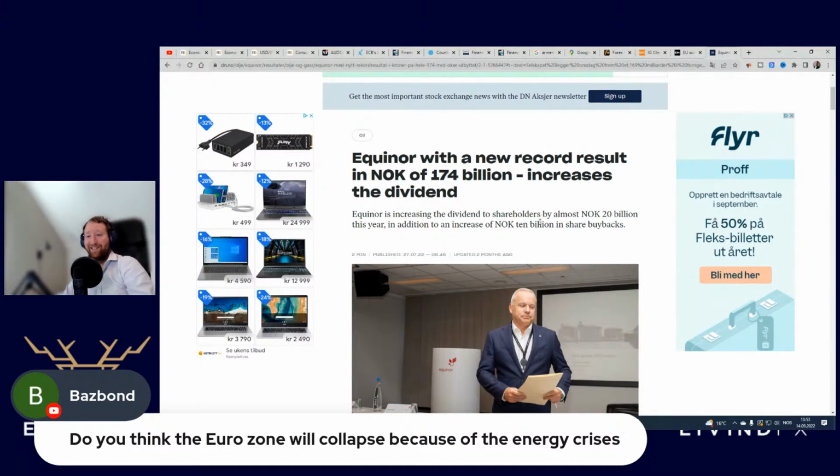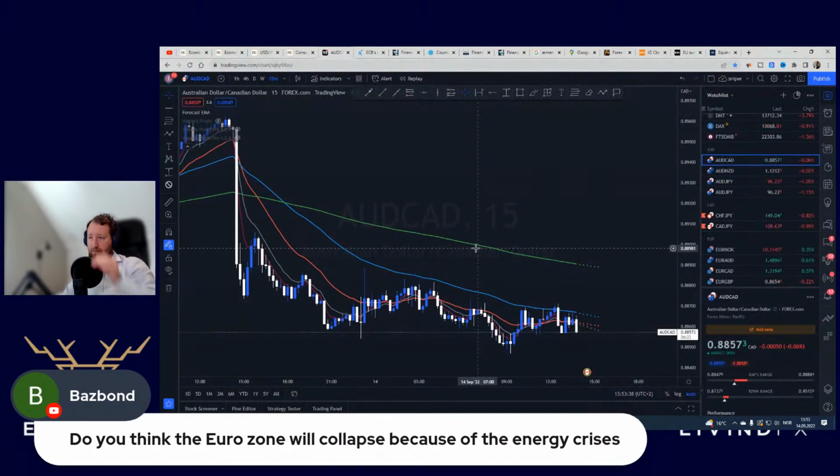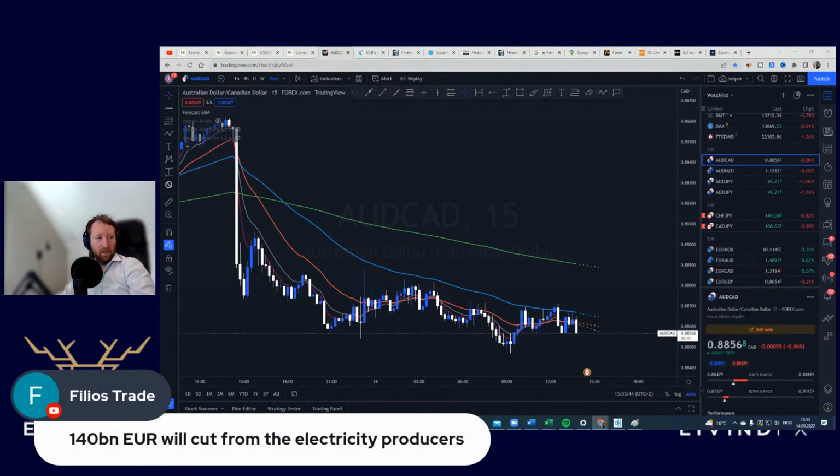And the shareholder is the Norwegian state, some parts the Norwegian state, some parts normal people on the street. 140 billion euro will be cut from the electricity producers in increased taxes.